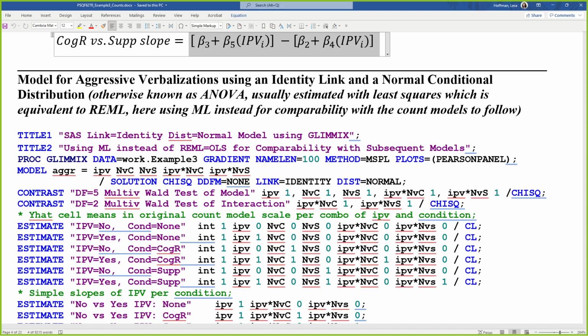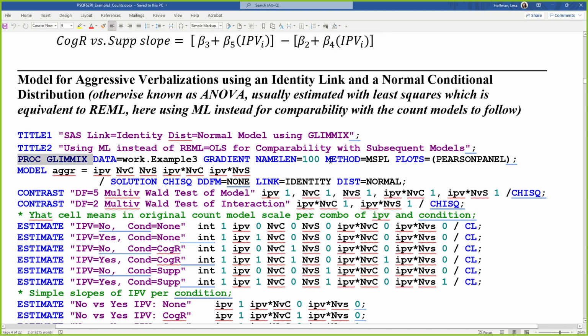Because of that, I'm not using proc GLM, I'm staying in GLIMMIX, and I'm asking for the model in maximum likelihood. That way, any of the differences that we get are not due to REML versus ML, instead they're due to which type of distribution I'm using. So link equals identity, dist equals normal.